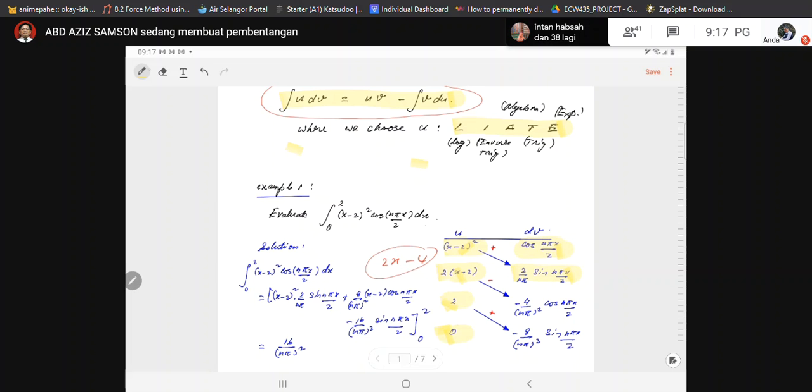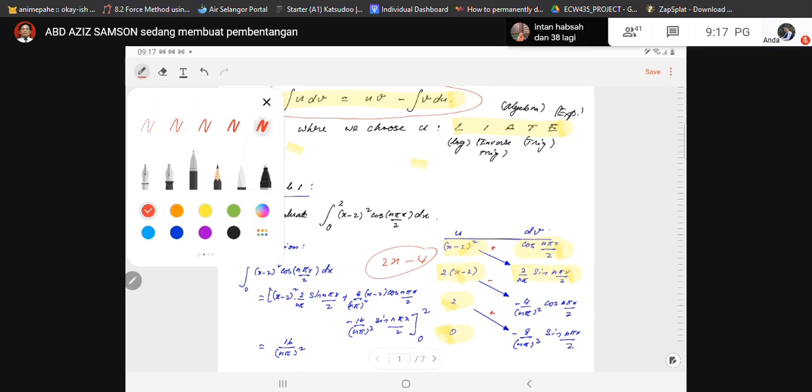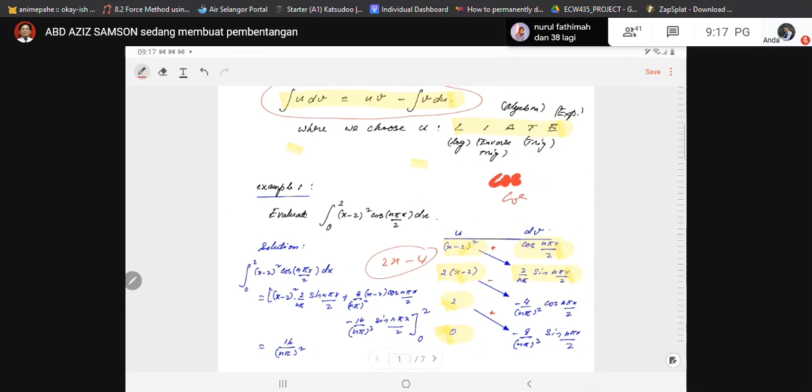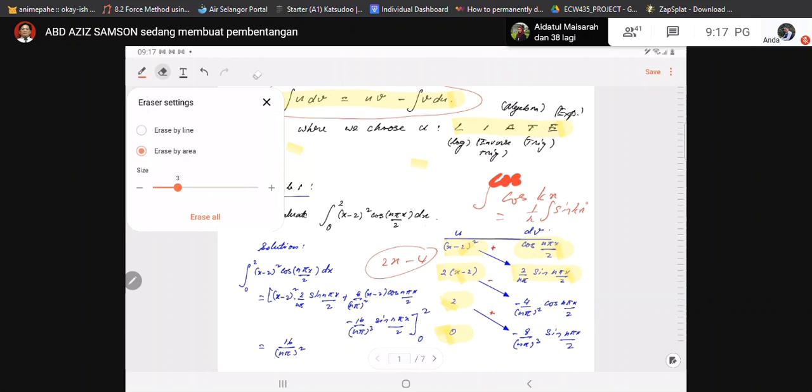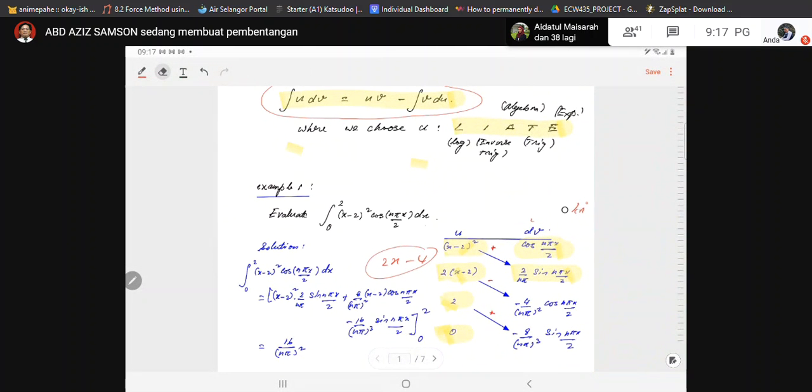Please remember that the integral of cos kx dx will be equal to 1 over k sine of kx plus a constant, isn't it?